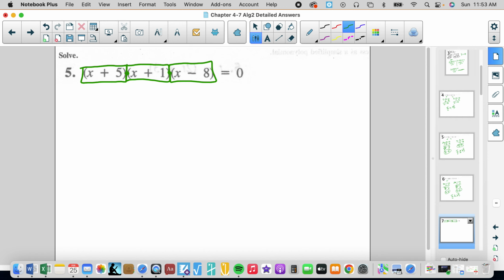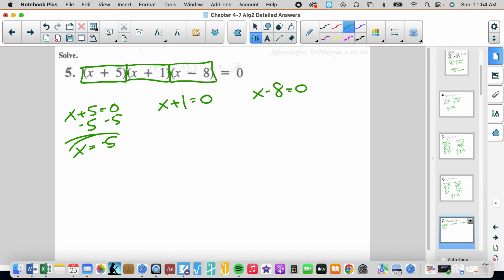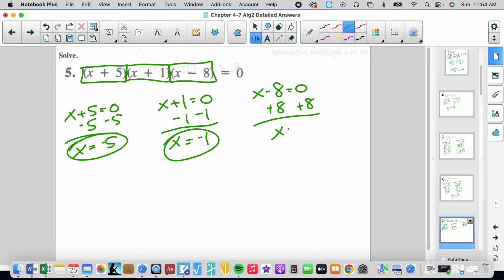So again, you set each one equal to 0 and ask what value for x makes that little portion 0. So -5 is one of the solutions that would make it 0. x equals -1 would be another one. And x equaling 8 is the third one. So we could actually have 3 zeros.